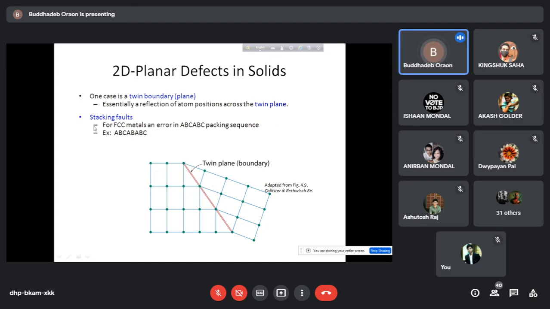Then there can be a stacking fault also. A stacking fault means, in a particular type of crystal structure, let us say FCC metals, the perfect sequence will be ABC, ABC, ABC like that. But there can be something like this: let us say ABC, then AB, and then ABC.